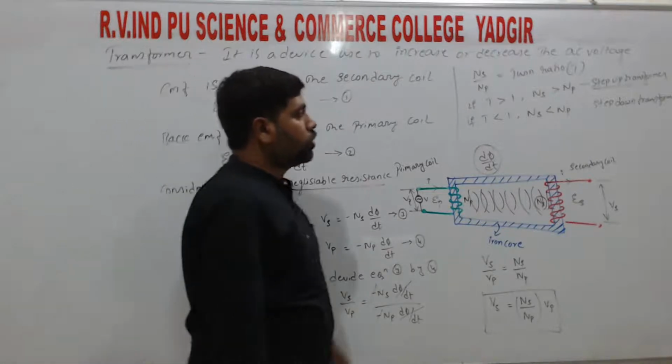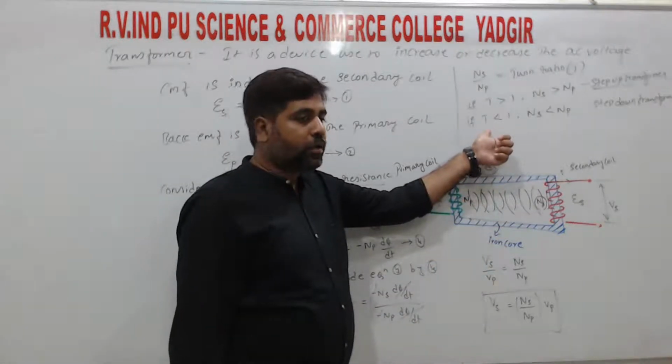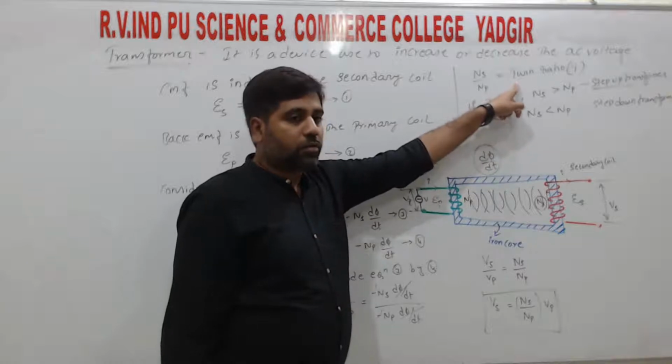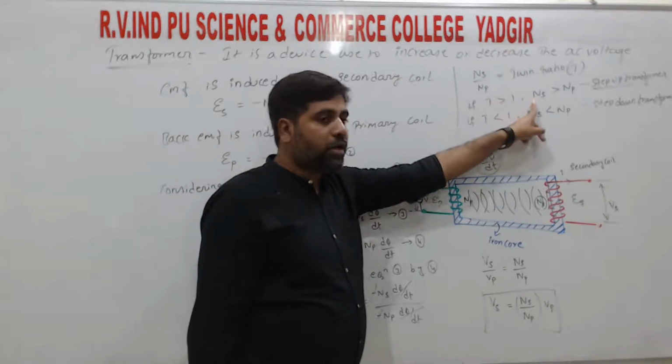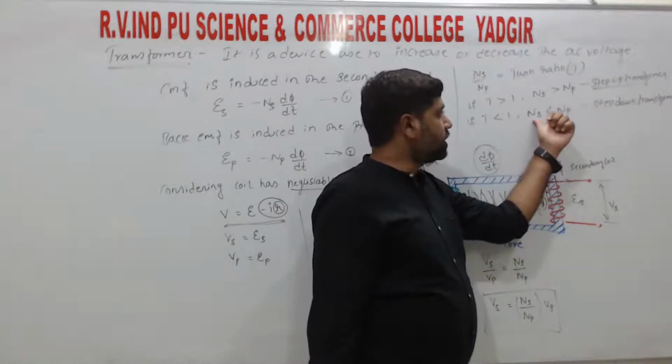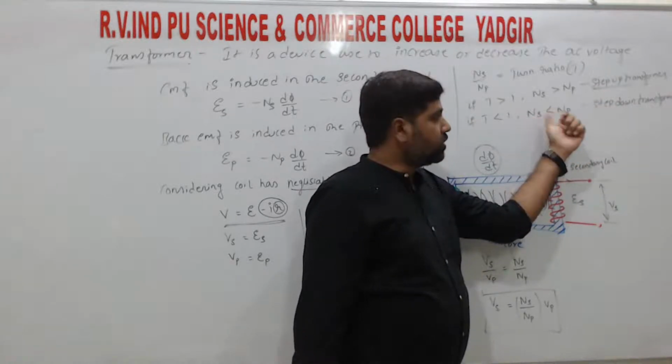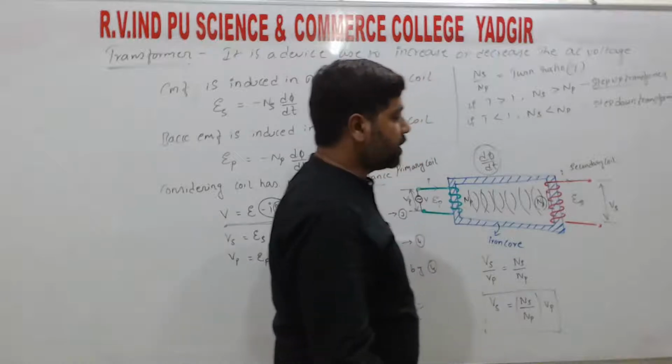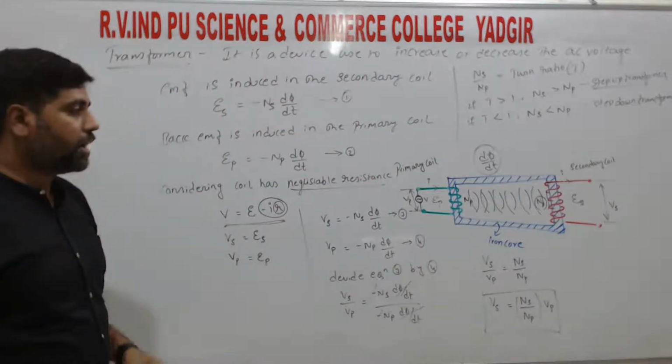So these are the two types of transformer we name. So based on the turn ratio, if the number of turns in the secondary coil is more, we call it a step up transformer, and if the number of turns in the primary coil is more, we call it a step down transformer, right?